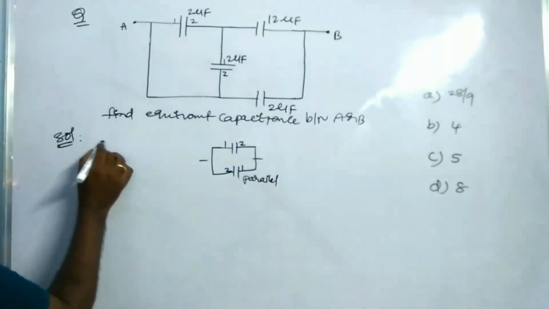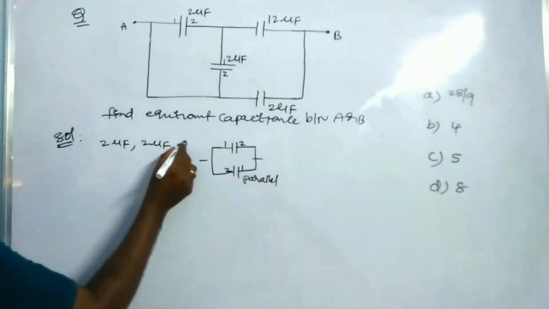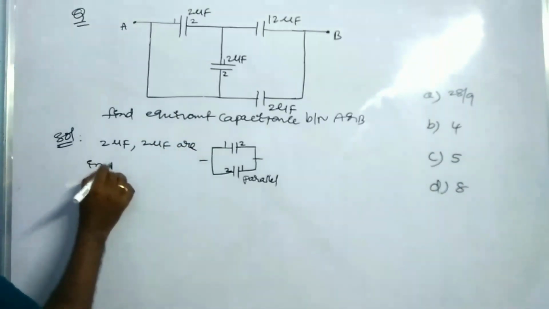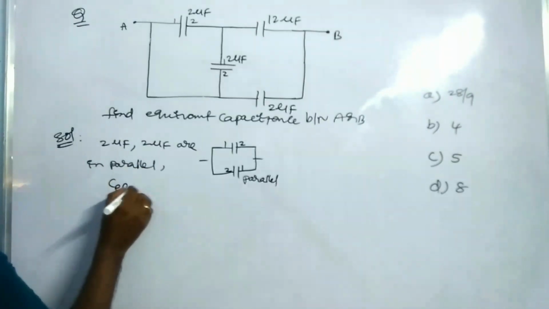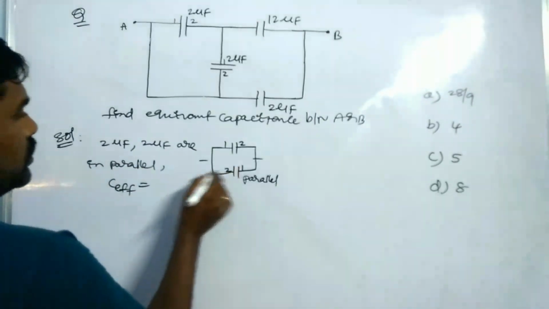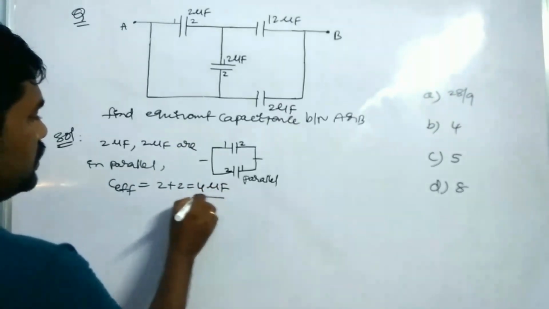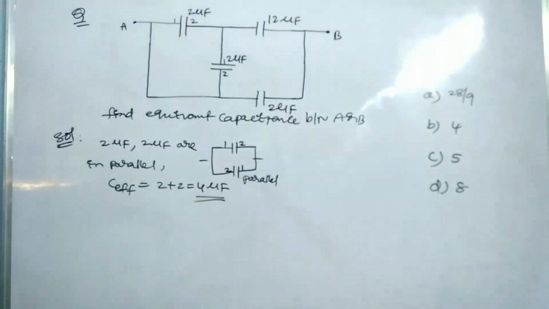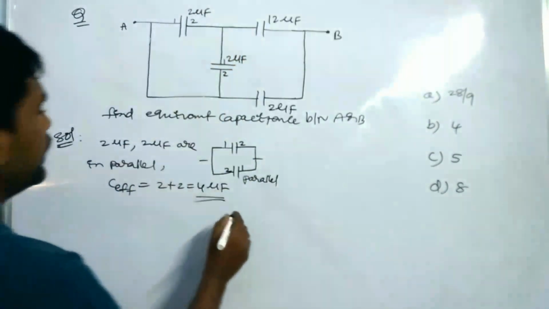So here 2 microfarad and 2 microfarad are in parallel. Hence C effective is 2 plus 2, which is 4 microfarad. Now there is a 4 microfarad capacitor here. What is the diagram?